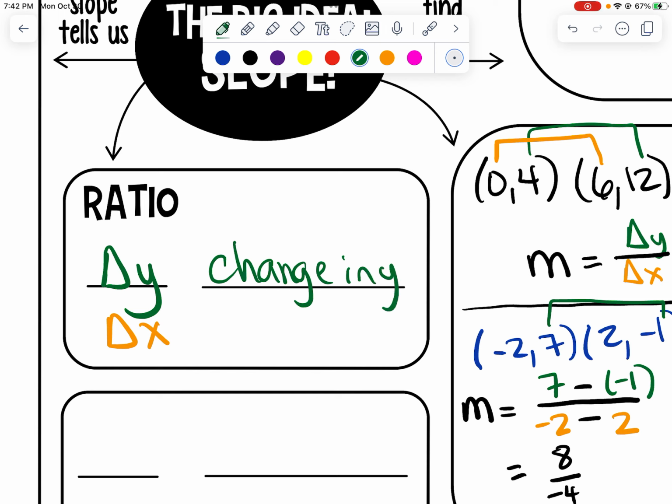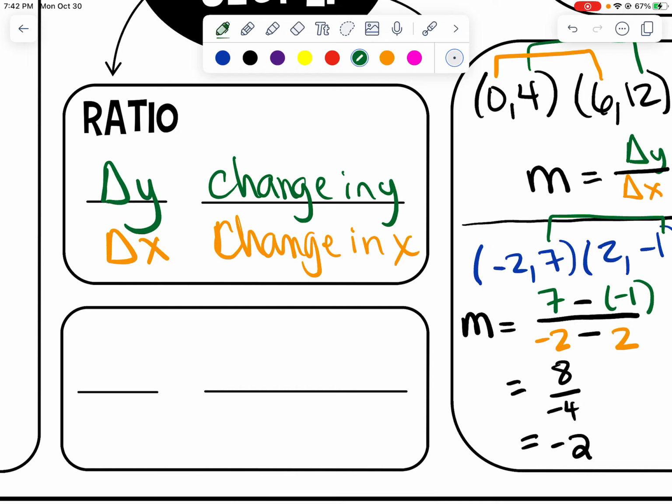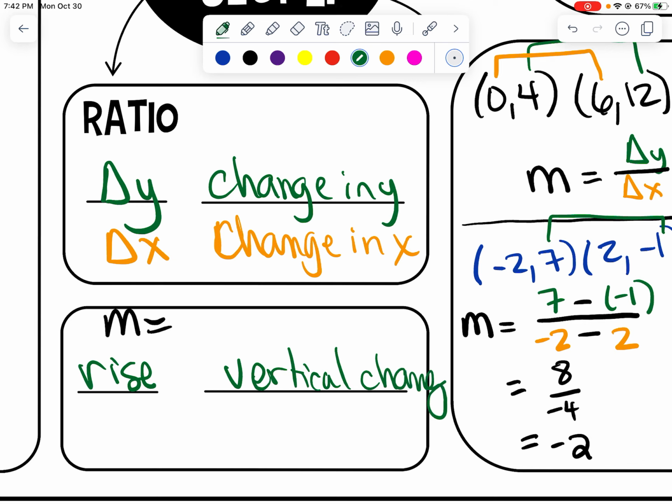Another way to think of this, m equals rise, which means the vertical change, over the run, which is the horizontal change.